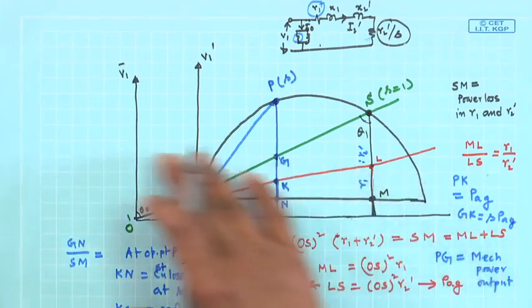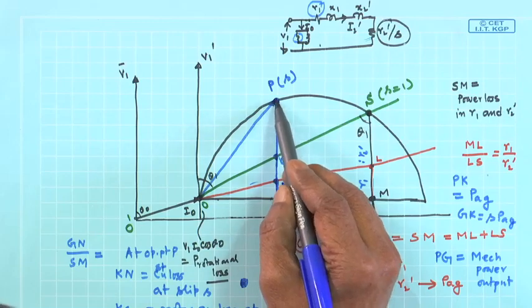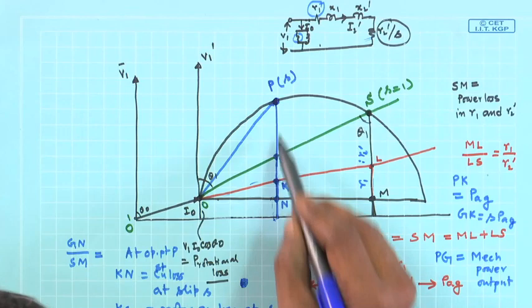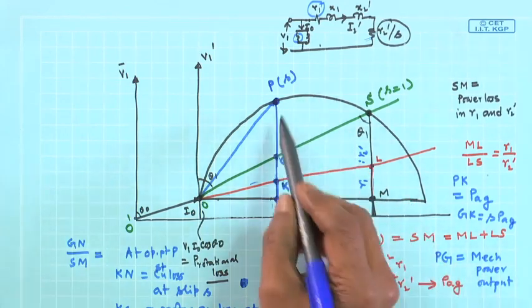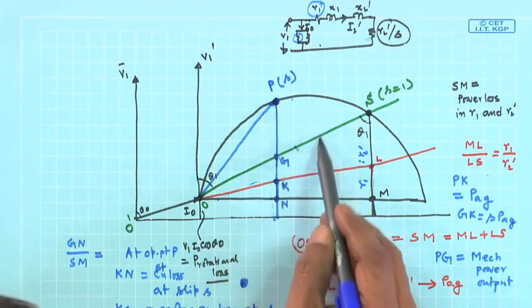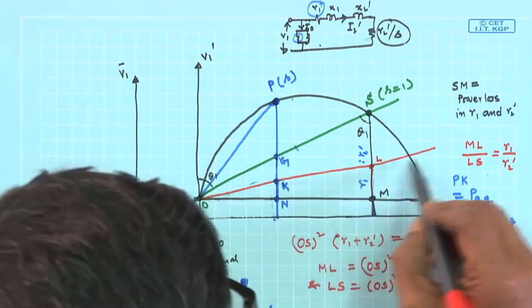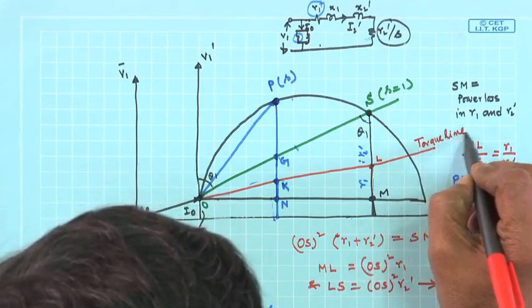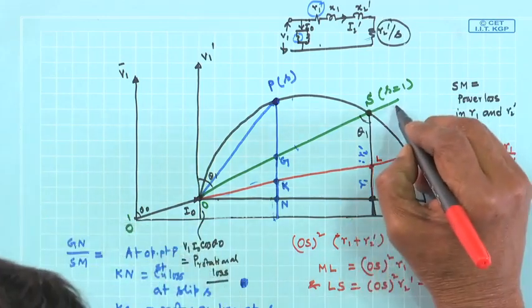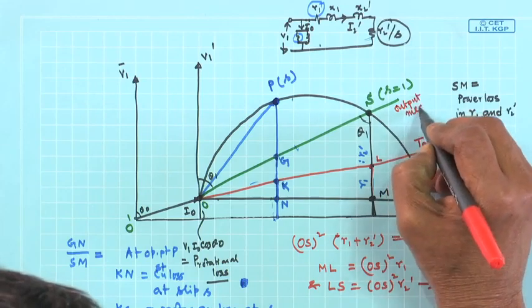Therefore, air gap power is the interception between any point on the perimeter and this red line. Output power is Pg, depending upon where it is operating. Therefore, we say that this line is called the torque line, and this line is the output mechanical power line.